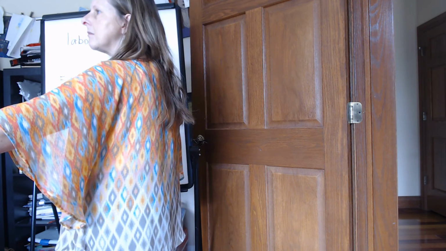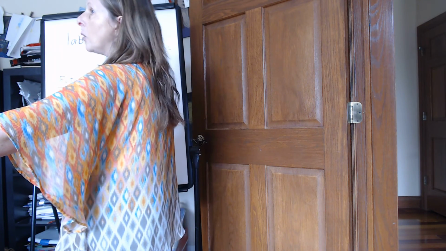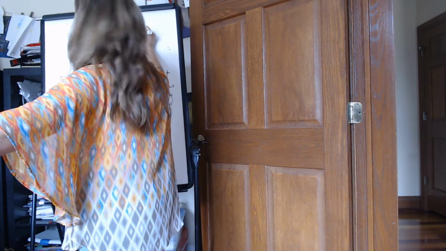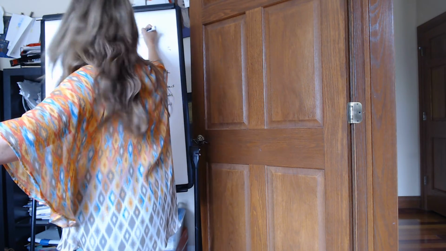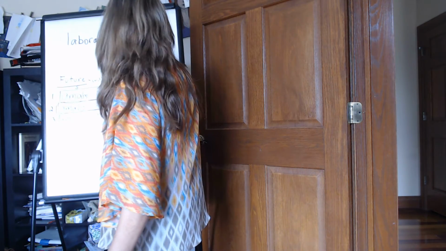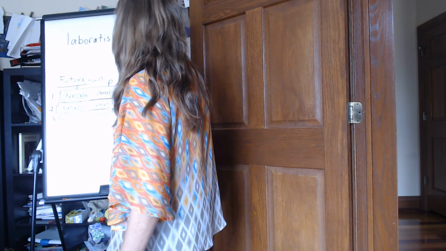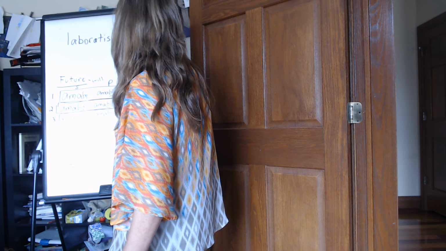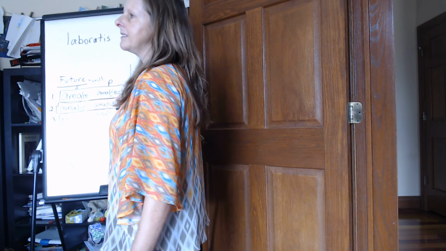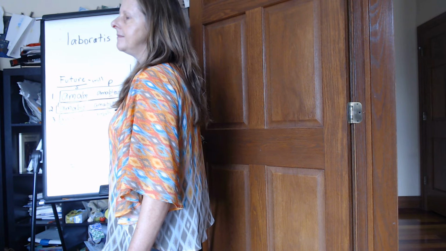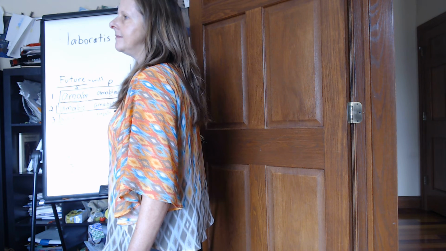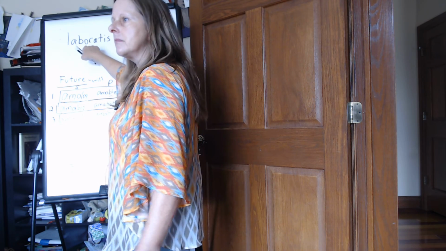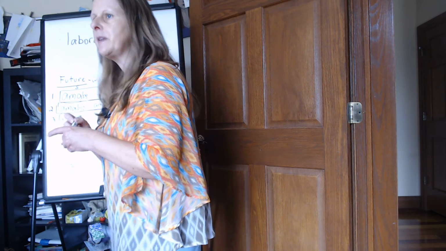That would be present. It's present because it doesn't have bo, bis, bit, and it doesn't have bam, bas, bat. So I would write it's present tense. What person is it? It's second person because it's a you. And what number is it? It's plural because there's more than one. And then how would I translate it? Y'all are working. Does that make sense? So that's what they want you to do with that chart.